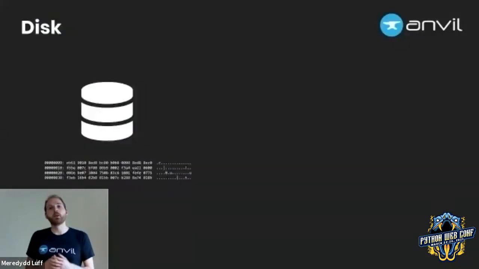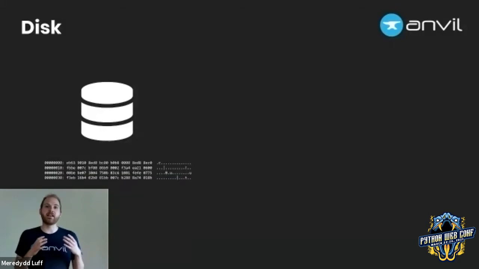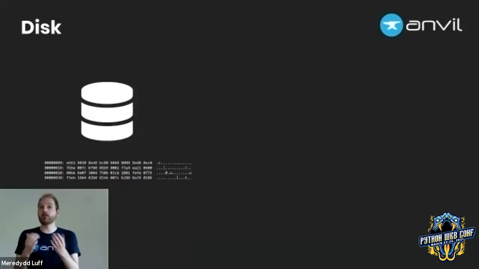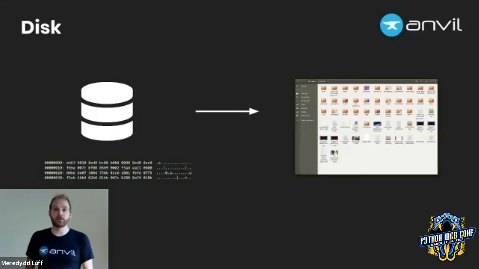Here's an example. As far as your computer is concerned, your hard disk is a fixed length array of bytes, a few billion or trillion of them. It can read the bytes at a particular position in that array, and it can update what bytes are stored in a particular position in that array. And that's really about it. This is not a great interface to program against, so instead our operating systems provide an abstraction of files and folders.